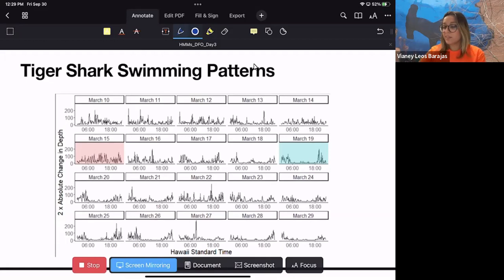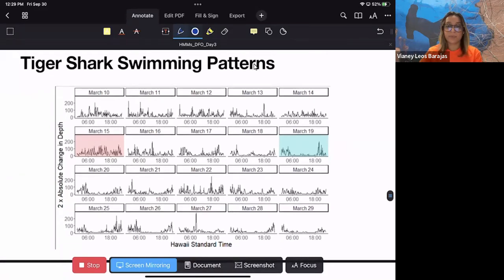And then processing the data in this way allowed me to note the big differences that I generally expected to see. So on March 15th, what we see the shark doing is a lot of movement across the vertical water column. So it's not remaining in a single depth. It's changing quite a bit.